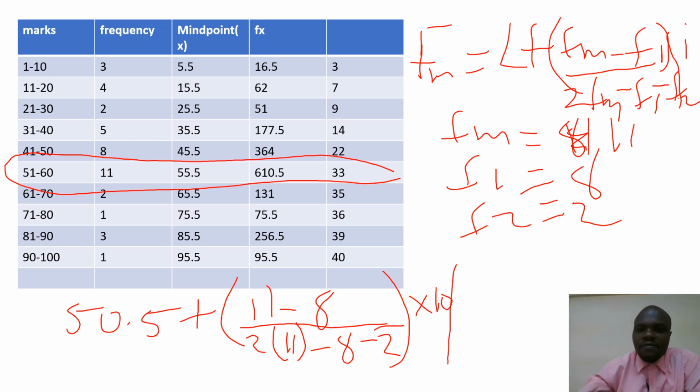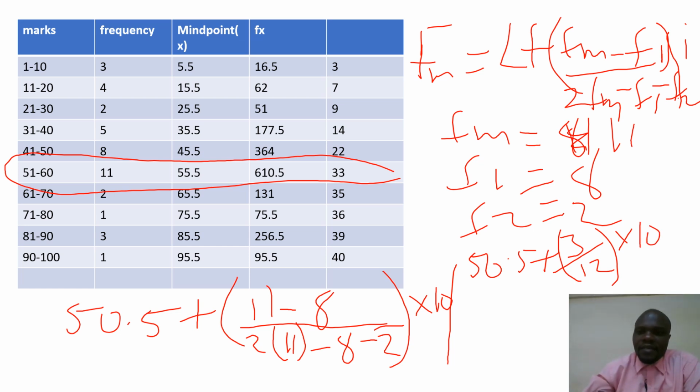So when I work out this, I'm going to have my answer being equivalent to 50.5, then plus here 11 minus 8 is 3, out of 2 times 11 is equal to 22, then minus 8 is equal to 14, minus 2, so this becomes 12, and then I multiply by 10 here.